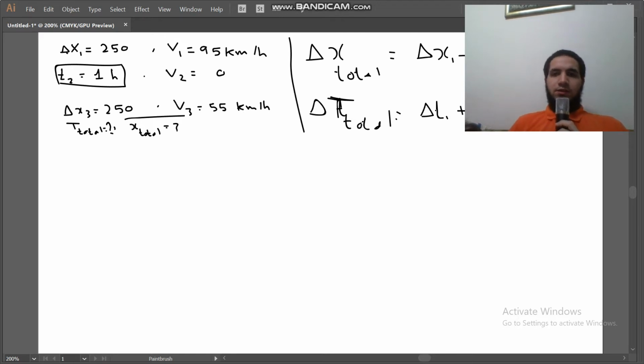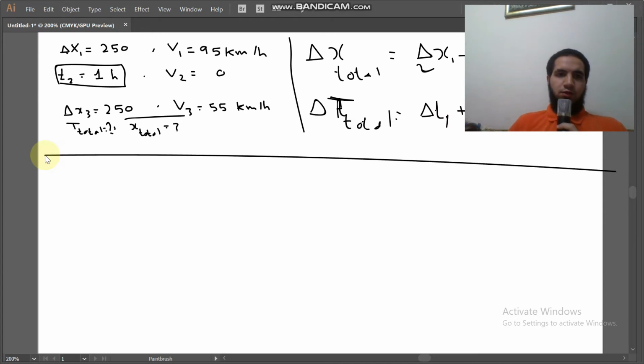So we have delta x1, right? And we have delta x2. Actually, it equals 0. And we have delta x3. Okay, but do we have delta t1? Actually, we don't have it, so we're going to deduce the value of delta t1.